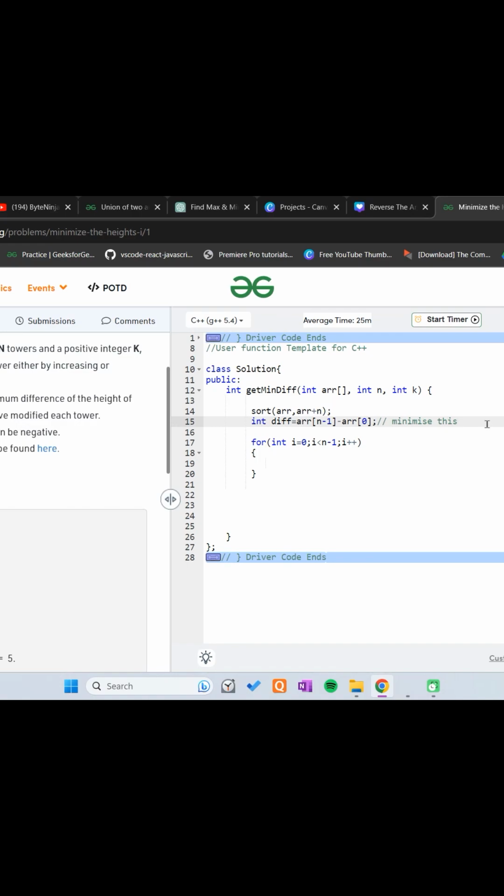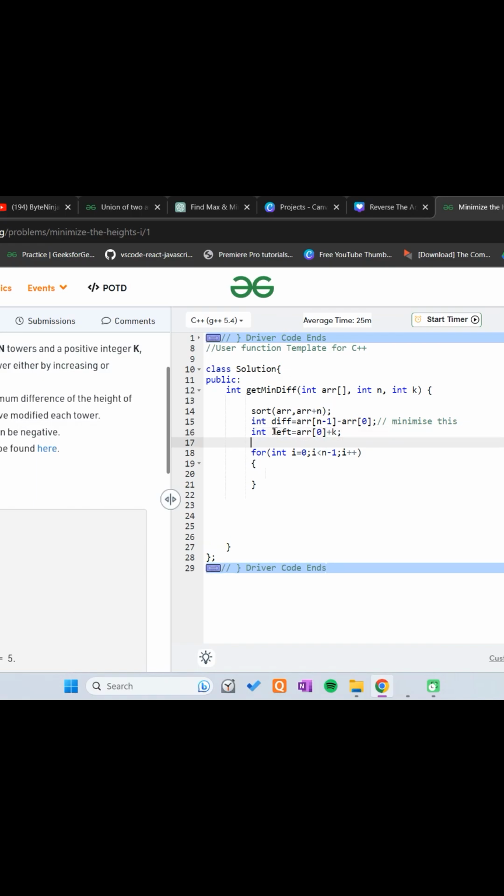We have to move the left side elements to the right and the right side elements to the left, so that the difference between these two can shrink. So the left element is at 0, the leftmost element. We have to increase it by k to minimize the difference, and the right side is arr[n-1], and we have to decrease it by k to move toward the left side.